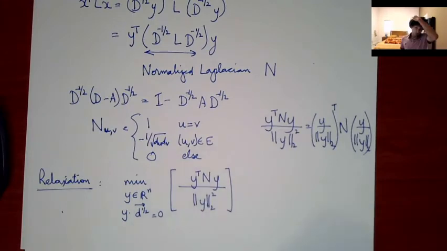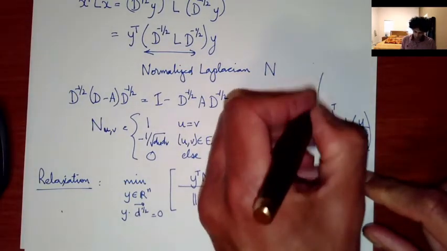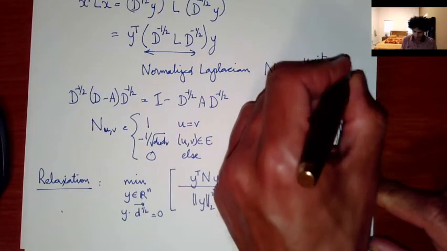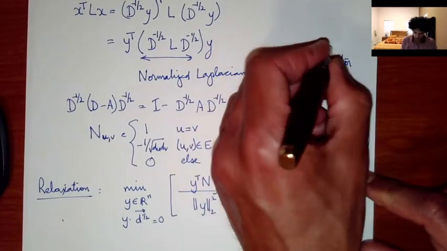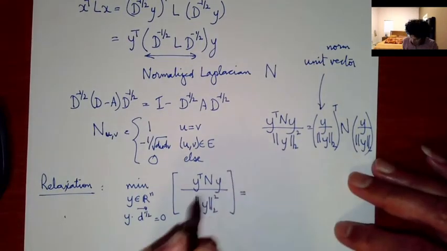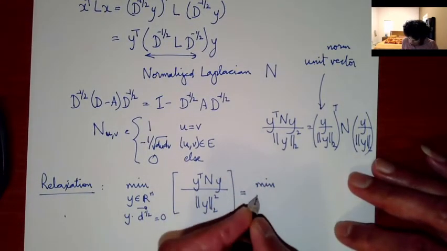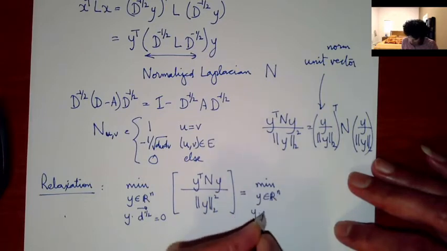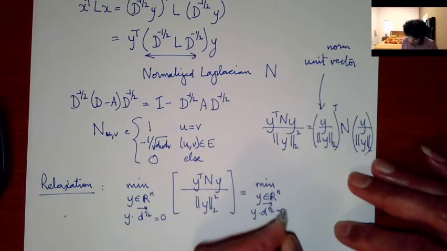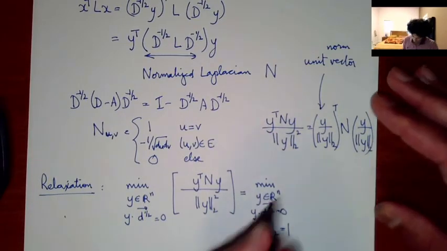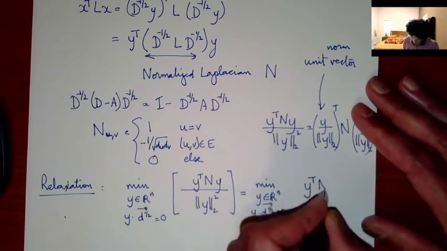So what this beautifully works out to be is just some unit norm vector. So let's just replace this. Abusing notation, I'm just going to use y again. I'll say y is in R^n, y dot root d is equal to 0, and the Euclidean norm is equal to 1, because I can just normalize y transpose N y.